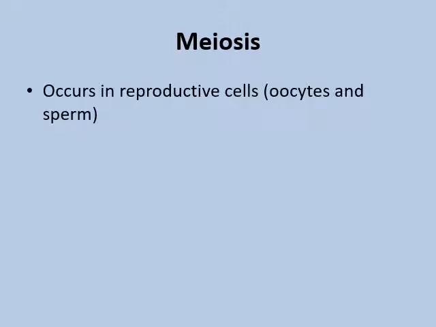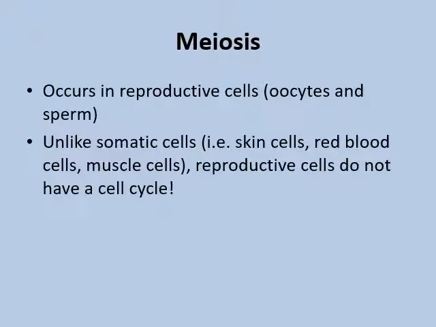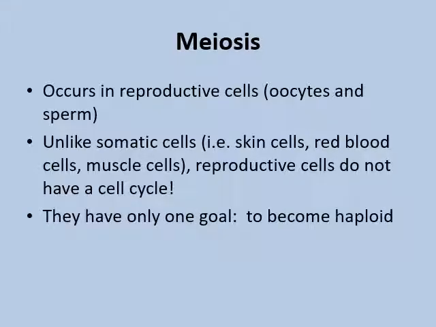Okay, so meiosis is only occurring in reproductive cells, so the oocytes and the sperm. Unlike your somatic cells, so your skin cells, red blood cells, muscle cells, anything in your body, reproductive cells do not have a cell cycle. They do have to go through meiosis, but they don't go through it multiple times, right? Girls probably know this even more so, but girls, you're born with all the eggs that you're ever going to have, right?